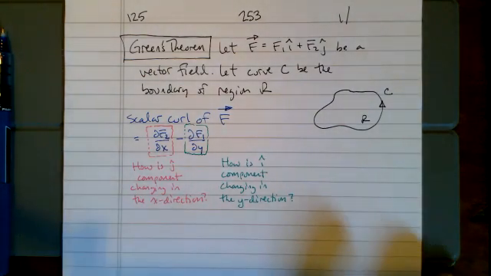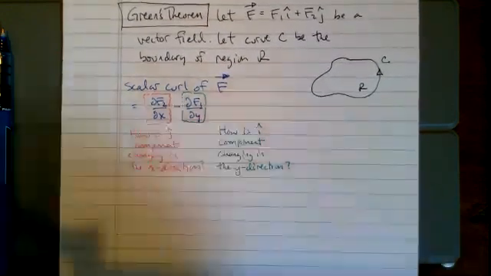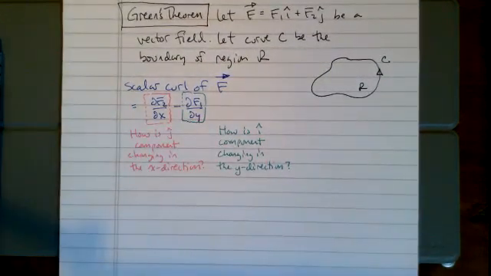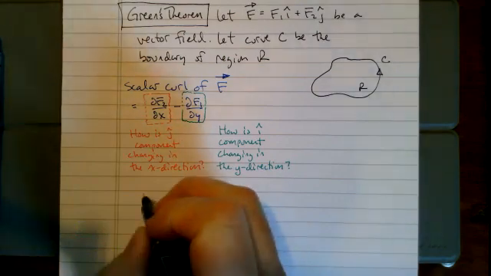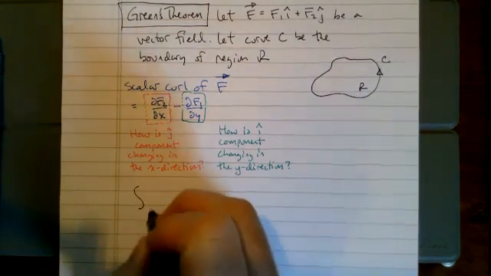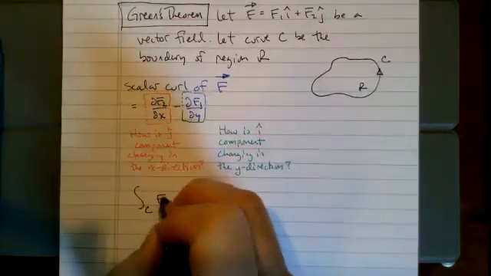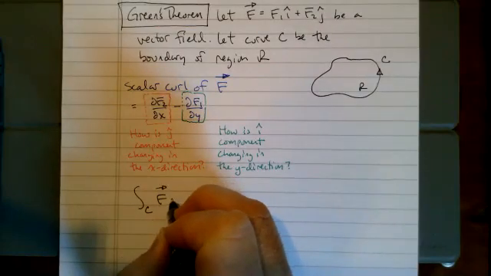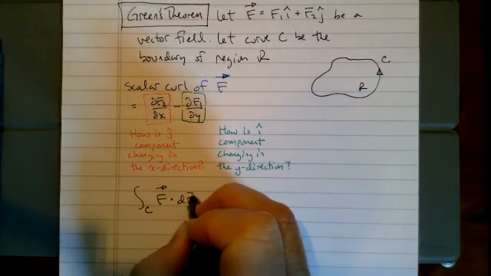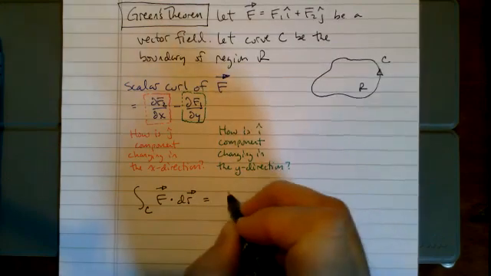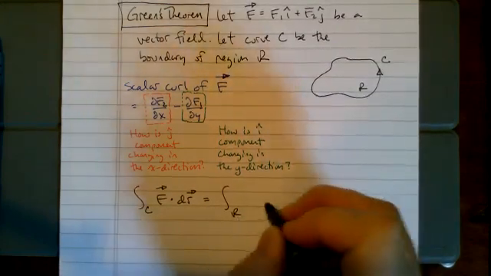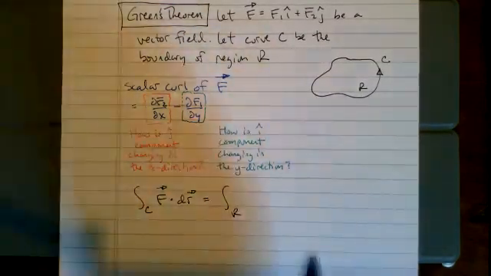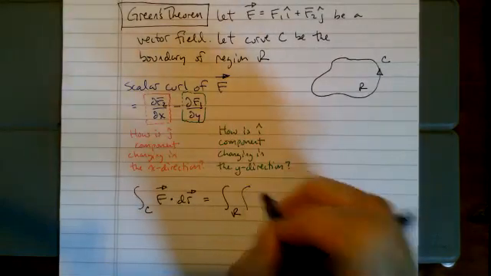Green's theorem saith the following. So in Green's theorem, we have the line integral of the vector field over the curve C is equal to the double integral over the region of the scalar curl.